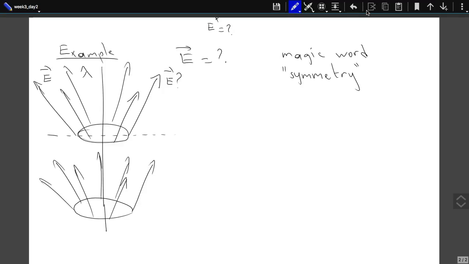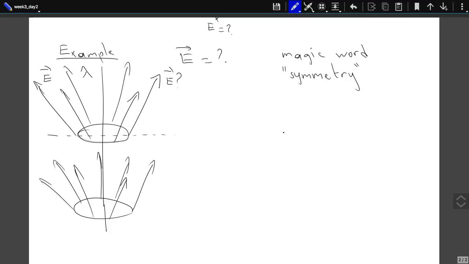Whatever point we choose, there will be two points, one bottom and one top. The sum of the electric fields created by those two points will just give a horizontal one.